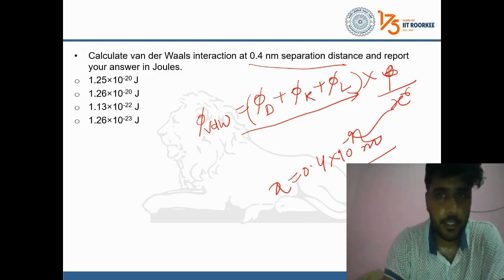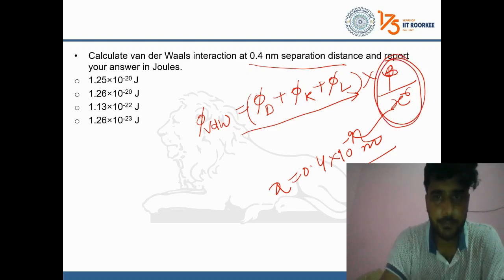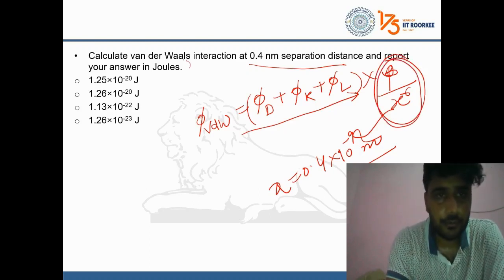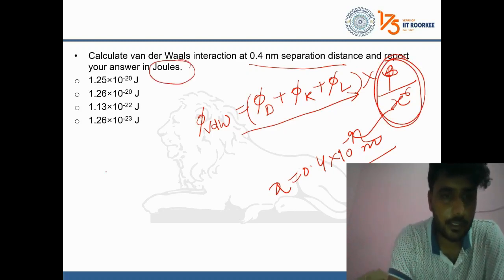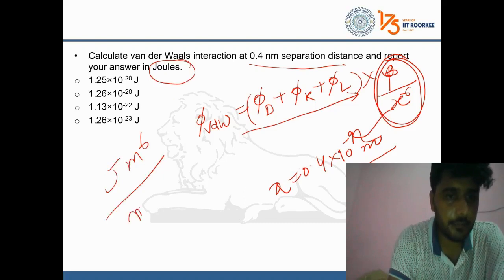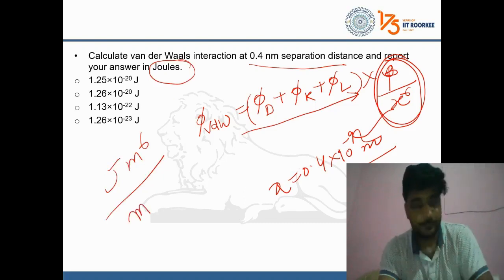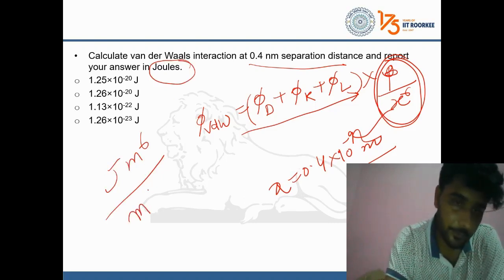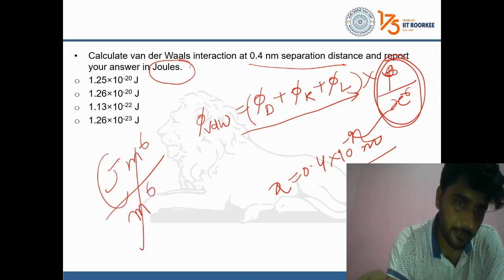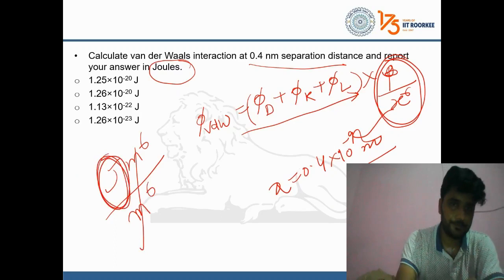This additional term is introduced here only to get the answer in joules, because of the unit of beta. Whenever you divide by meter power 6, these will cancel out and you will get the answer in joules.